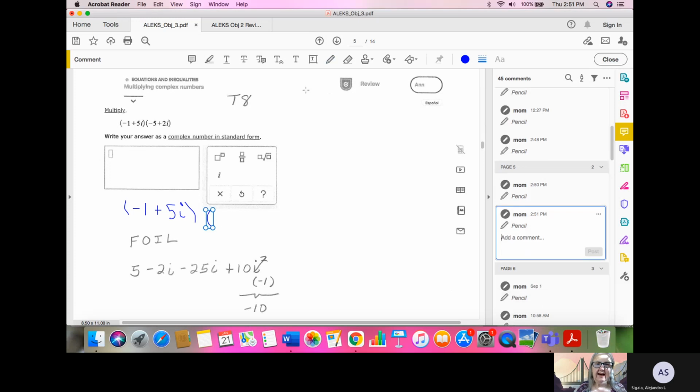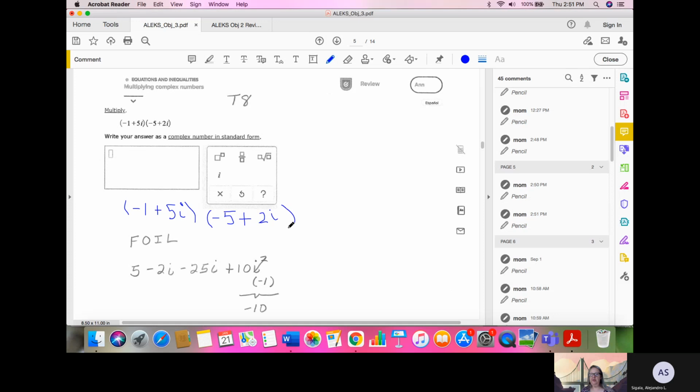And then -5 plus 2I. I'm going to make sure it's down here next to what we're doing. So, just for a moment, think of this as two factors multiplied together.